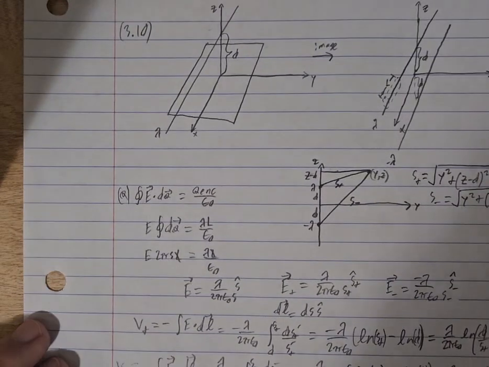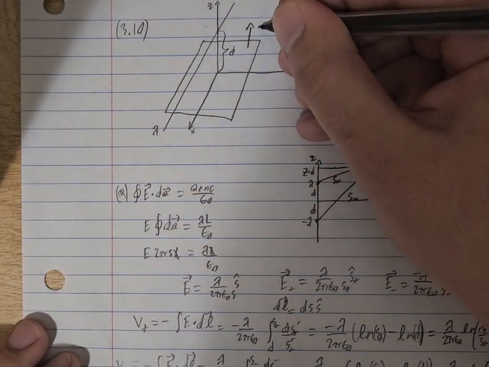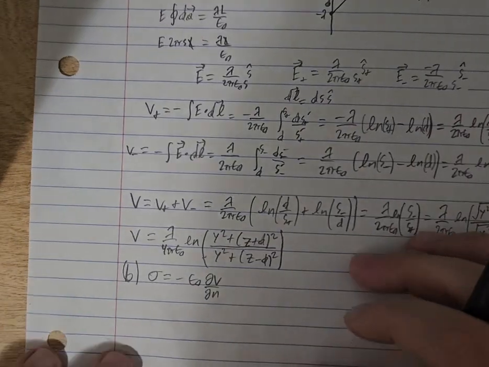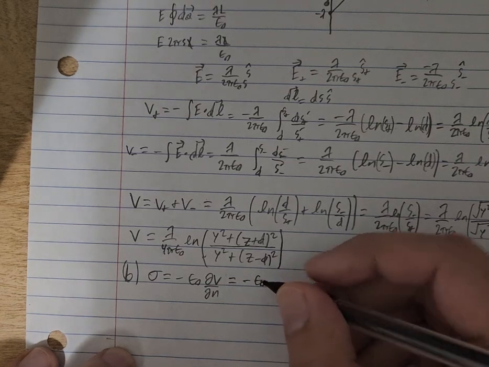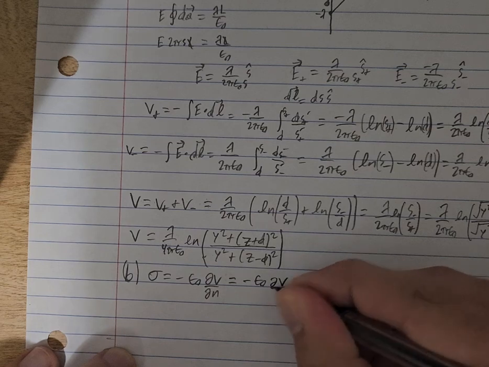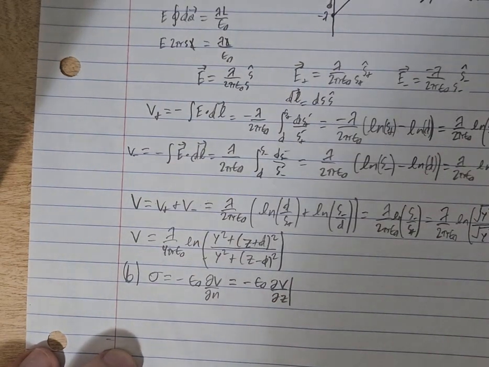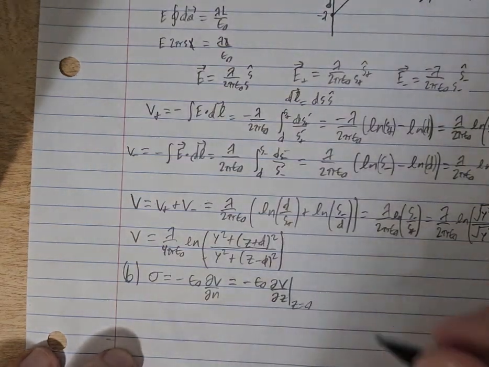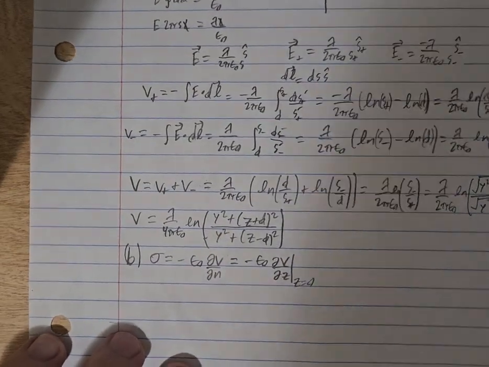Since we're finding it for the conducting plane, this normal vector will always be pointing in the z direction. So we find that this is equal to negative epsilon naught times the derivative with respect to z. And since this conducting plane is at the x and y plane, we make z equal to 0 because it's on the surface.